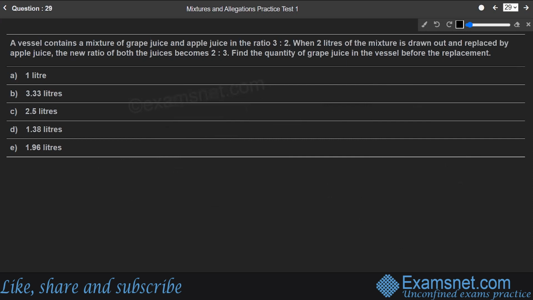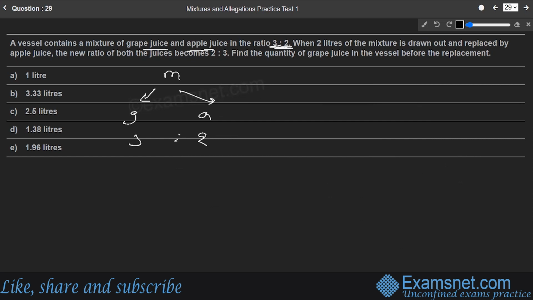Now, a vessel contains a mixture of grape juice and apple juice in the ratio 3:2. So the two juices are mixed up, grape juice and apple juice, and the composition is 3:2.